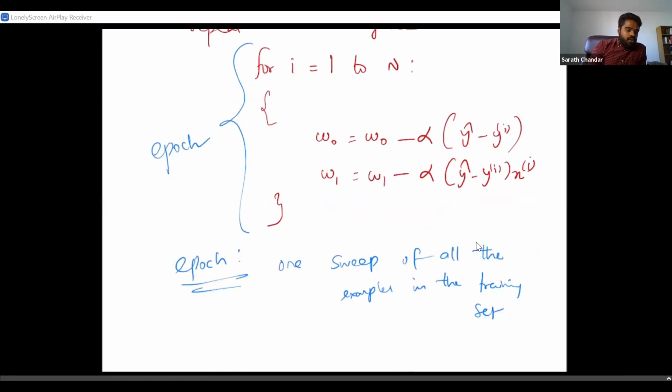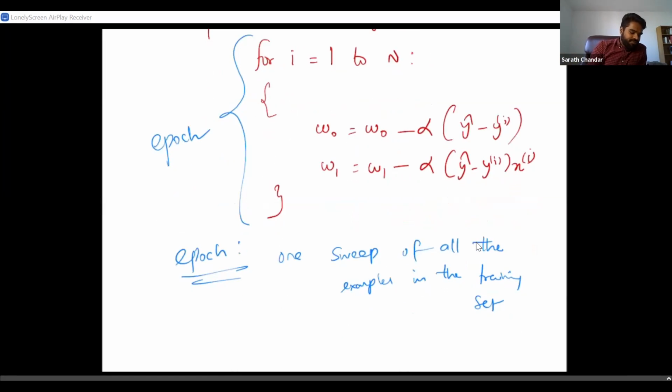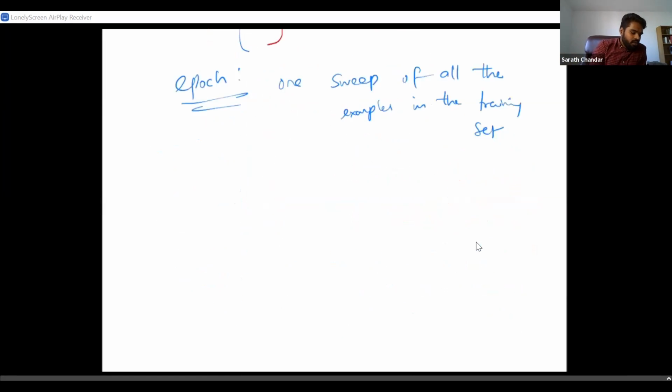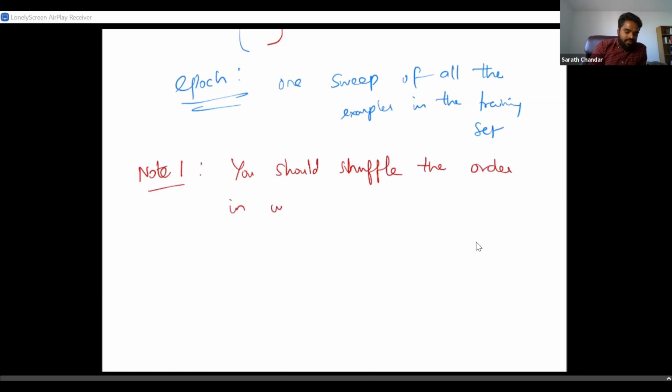A couple of notes. When you do stochastic gradient descent, you should shuffle the order in which you are visiting the examples every epoch.